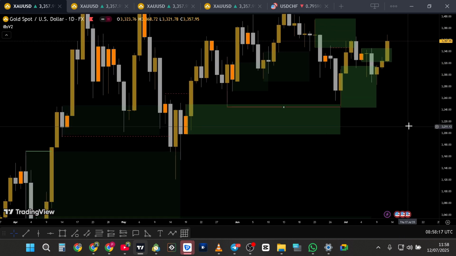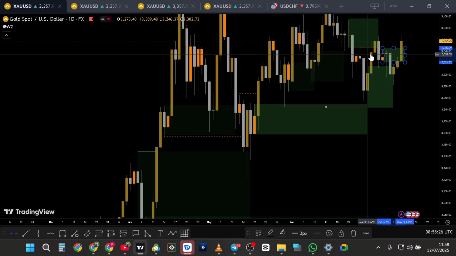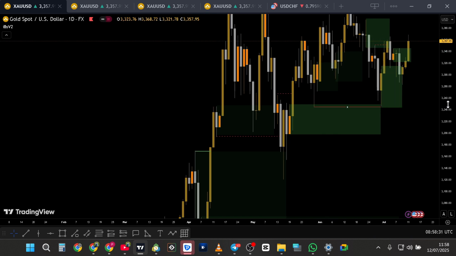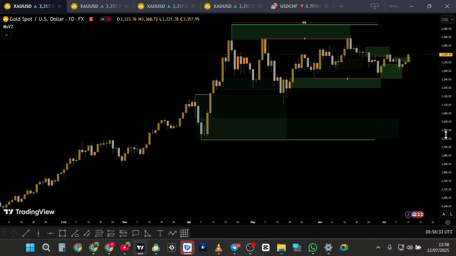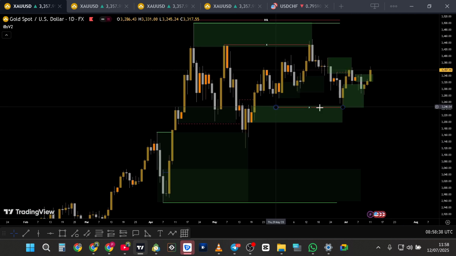Now personally, I expected it to react from this supply again to continue to the downside, but now this bullish change of character is proving to us that it wants to push price to the upside and leave some buy side liquidities, especially this low and this low, and also all these lows, maybe to come and tackle them next time, but not now.